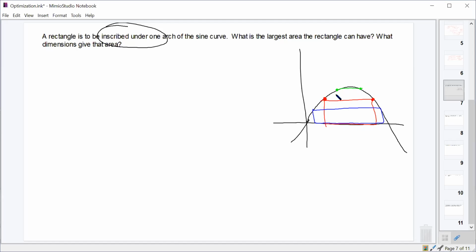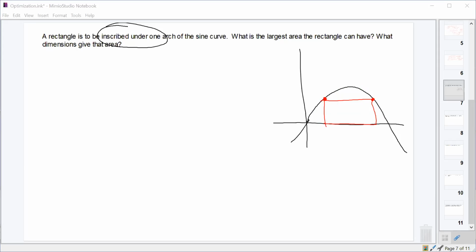What if I drew it like this? Which one's got a bigger area, the red one, the blue one, the green one? It's kind of hard to tell, right? There are an infinite number of different ways for you to draw a rectangle inside the sine curve. So we want to figure out which one of those has the largest area of all the possibilities.